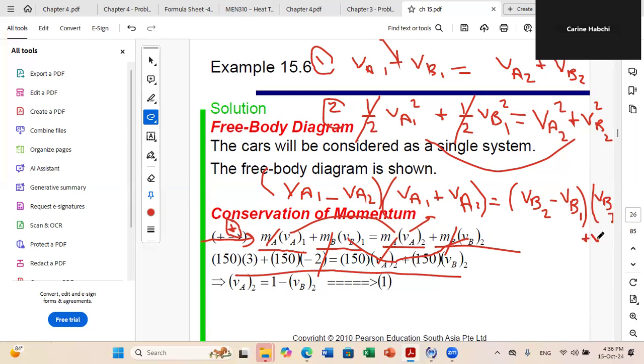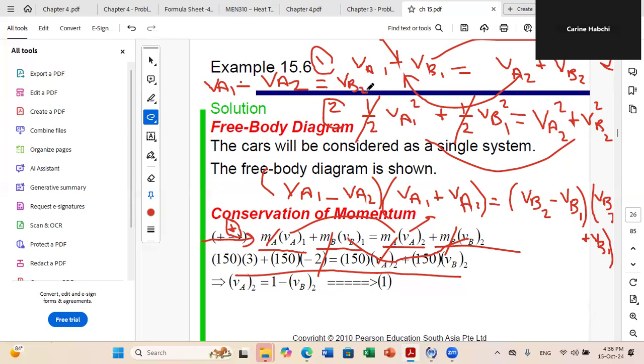Okay, but look, according to your conservation of linear momentum, from this equation, if I take VA2 to this side and VB1 to the other side, you can say that VA1 minus VA2 is equal to VB2 minus VB1.